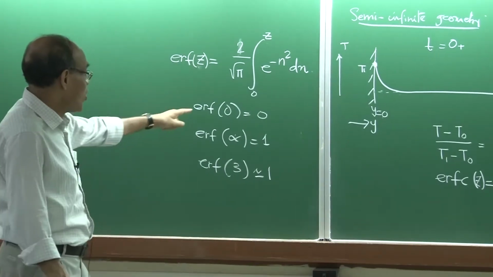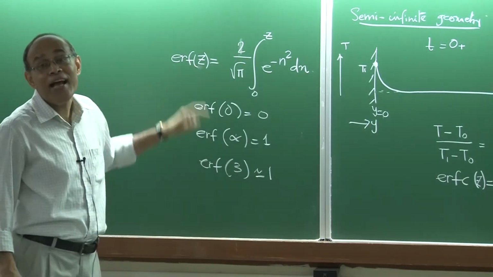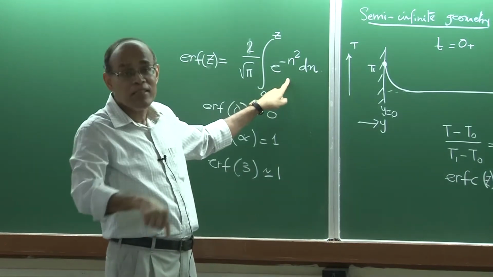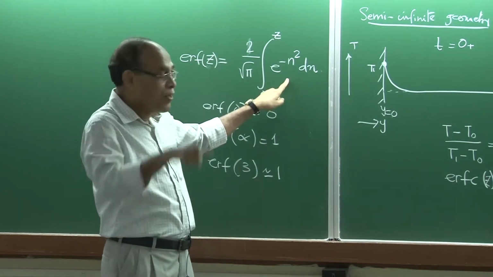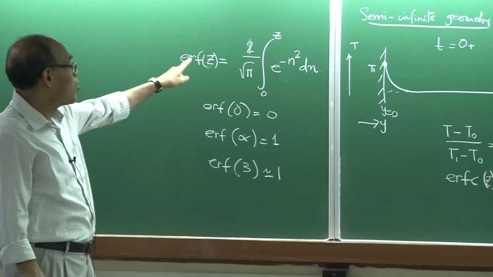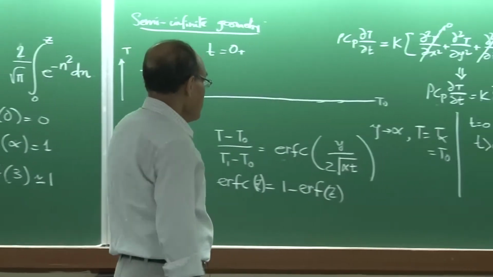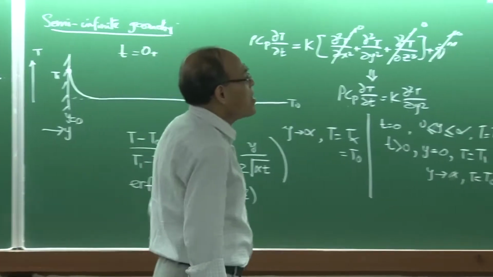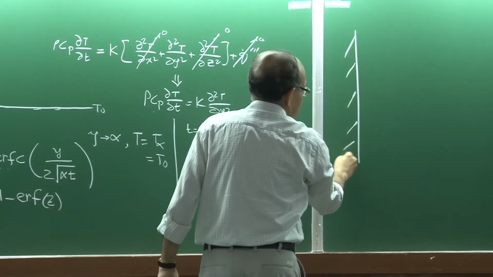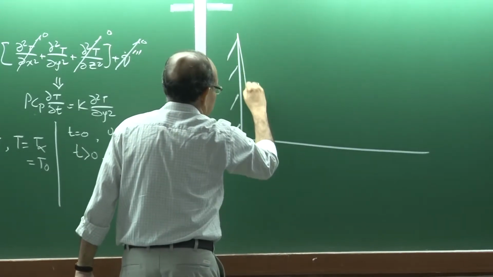But you may not get these exact values; you may get the argument equal to 0.23, 0.29, 0.28, and then how do you compute it? You do not do the integration. You have a chart just like the table, you refer to that table and you find the value of the error function corresponding to the argument that you have chosen. Now, if you take a semi-infinite geometry, the solution goes something like this.